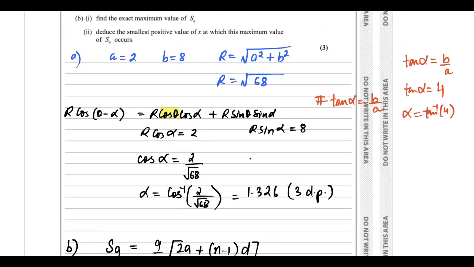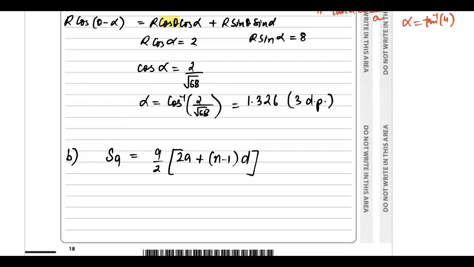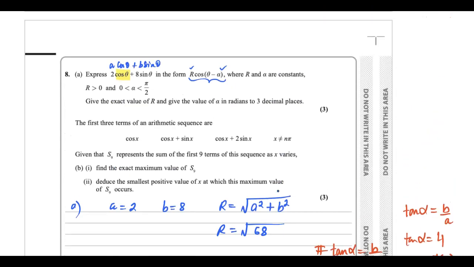Now let's write down the terms here. We have cos x, cos x plus sin x, cos x plus 2 sin x. These are the first 3 terms given to us.